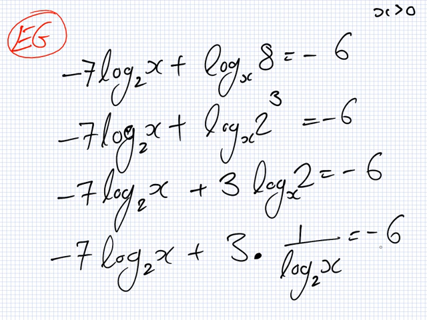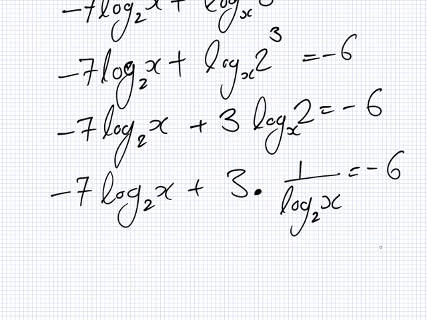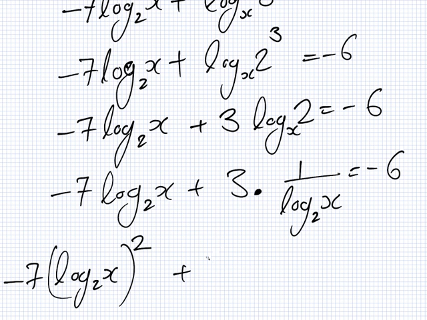What could I do next? So the problem here is the log is in the denominator down below. I could multiply everything by the log. So if I did that, I would get minus 7 log 2x all squared plus 3 equals minus 6 log 2x.